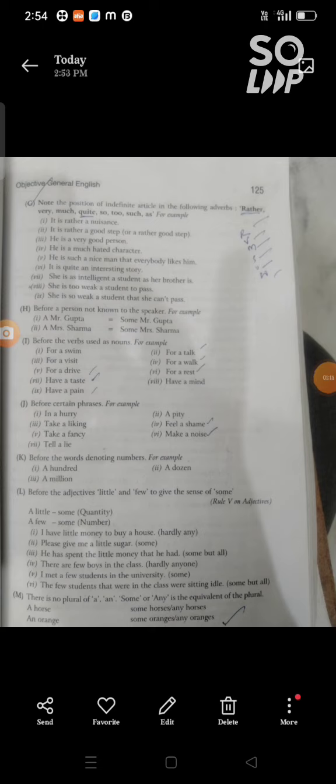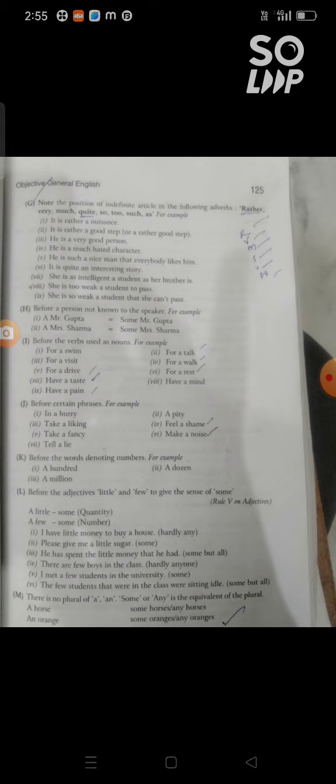Before a person not known to the speaker, what should we do? A Mr. Gupta, a Mrs. Sharma. When we don't know the person particularly, then we use a or an, indefinite articles, before a person not known to the speaker. Okay? Then we use a Mr. Gupta, a Mrs. Sharma, like this. The speaker doesn't know about him, like when we say a Mr. Gupta, before a person not known to the speaker, then we use the indefinite article.